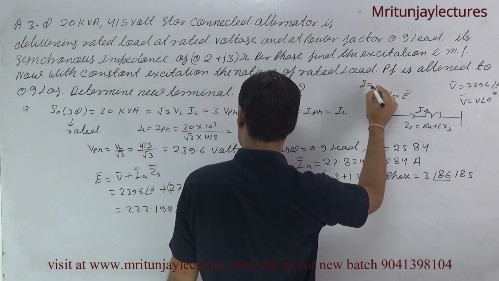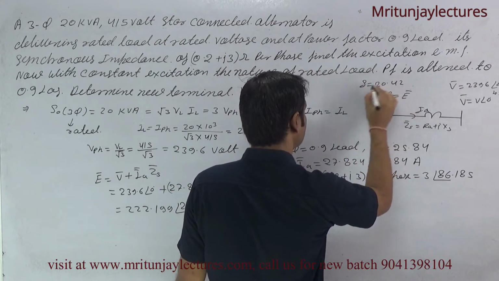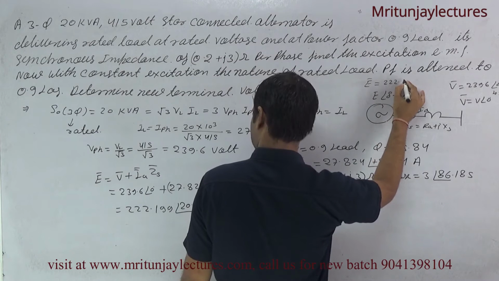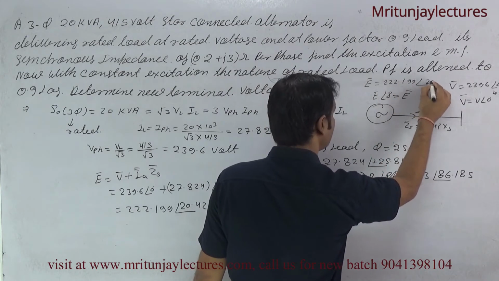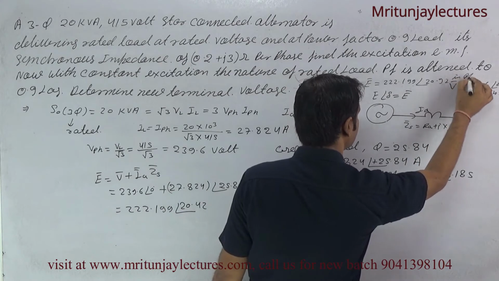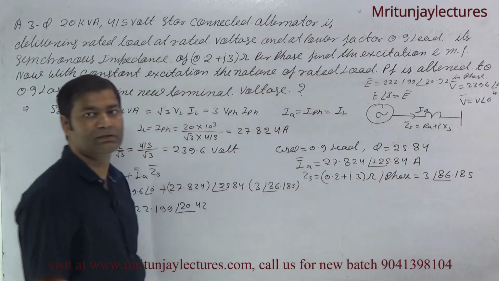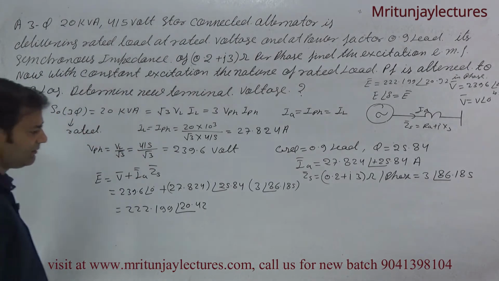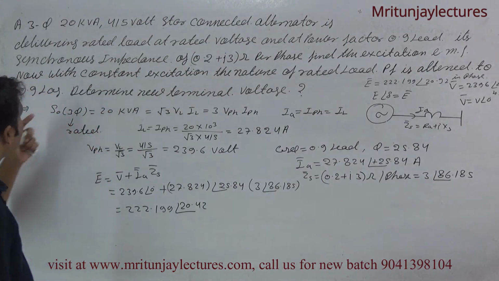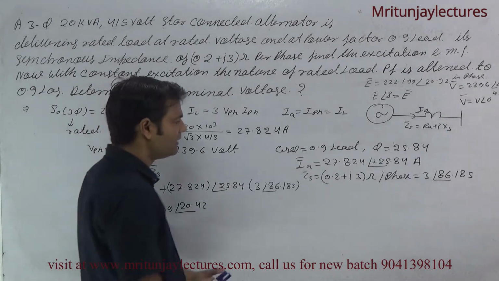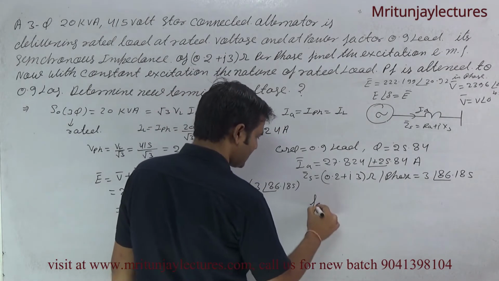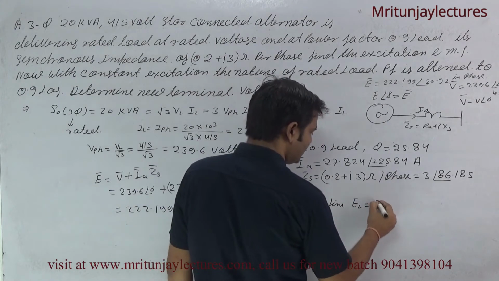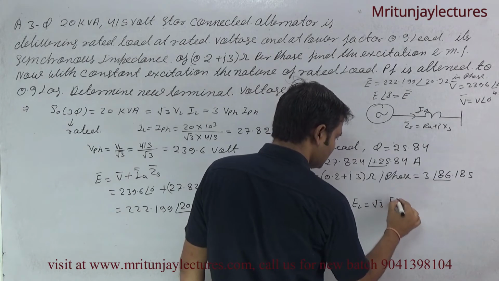What about delta? Delta is 20.42, and finally E is written as 222.199 at the angle 20.42 volt per phase. If you determine the excitation in line terms, then EL is equal to root 3 times EPH.